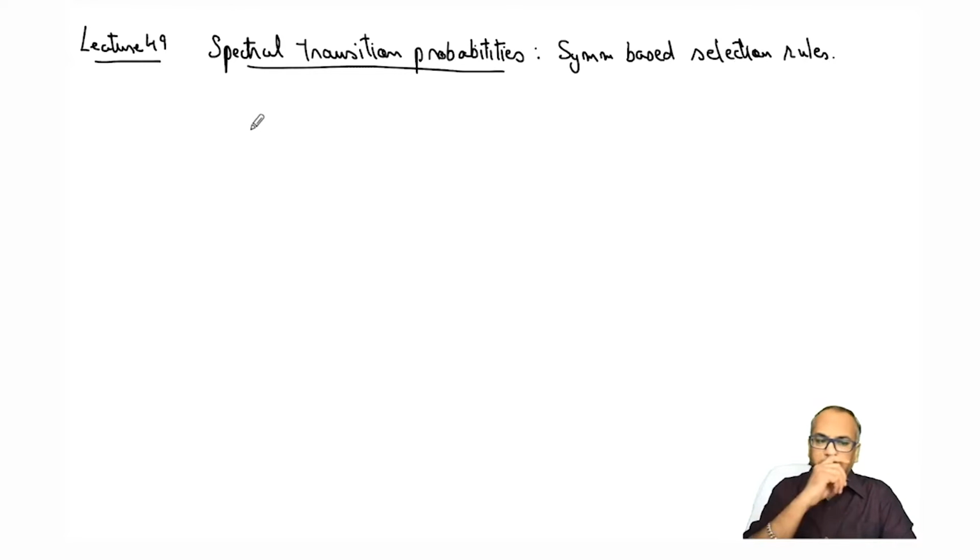We have already seen that various normal modes of a molecule can be catalogued using group theory, and we can also analyze what will be the symmetry of those normal modes. But now, whether we can observe those vibrations in IR and Raman spectra, because IR and Raman spectra are the ones where we are expected to see such vibrational modes, right?